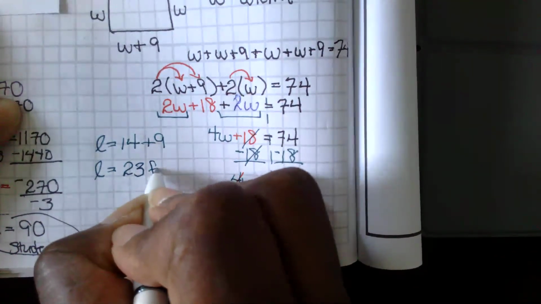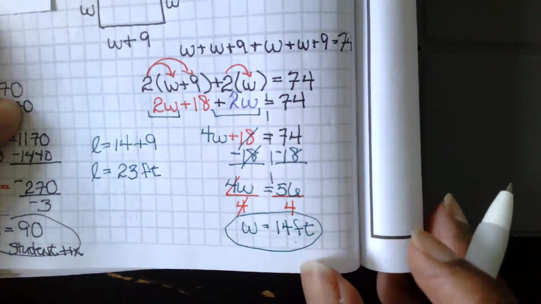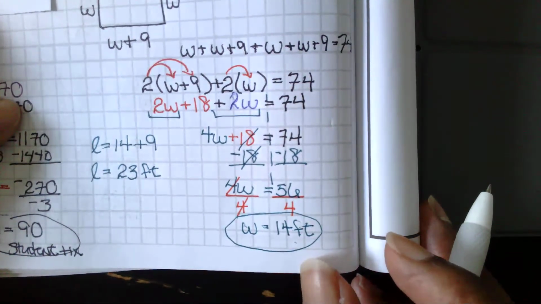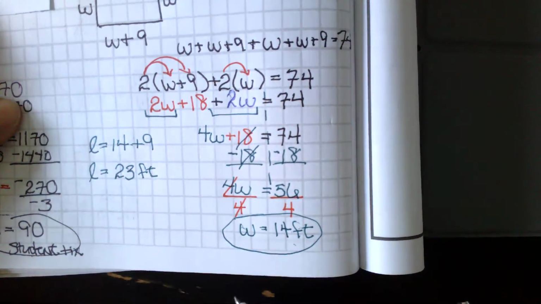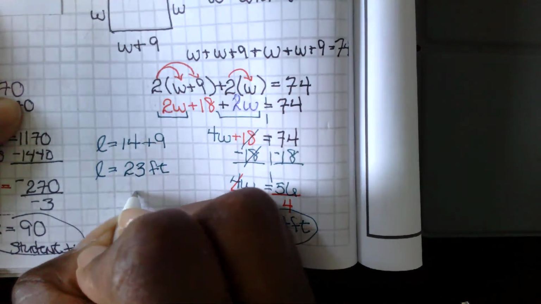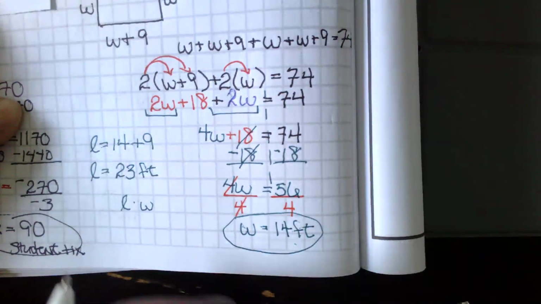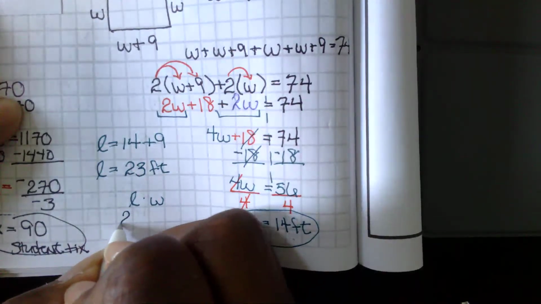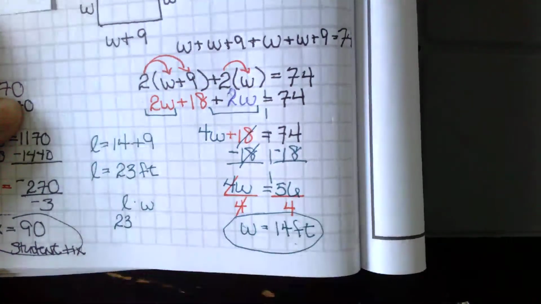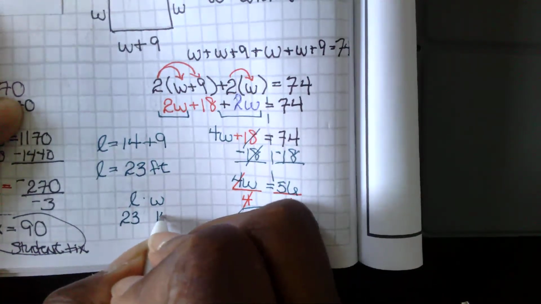And 23 what? 23 feet. Now, the way that you write the dimensions of a rectangle, it's always your length times your width. So our length is 23, and our width is 14.